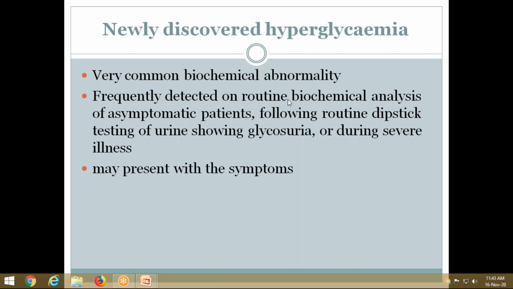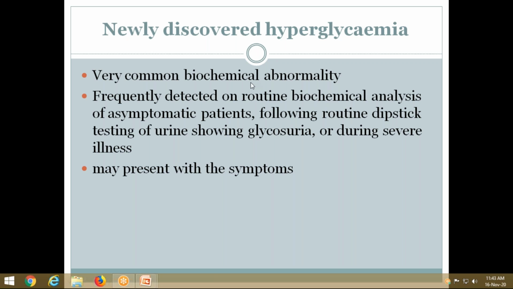These patients will have twin minds, because they don't know they are diabetic, but on routine examination it will come out that the patient has diabetes. So the patient will say that the report is wrong.